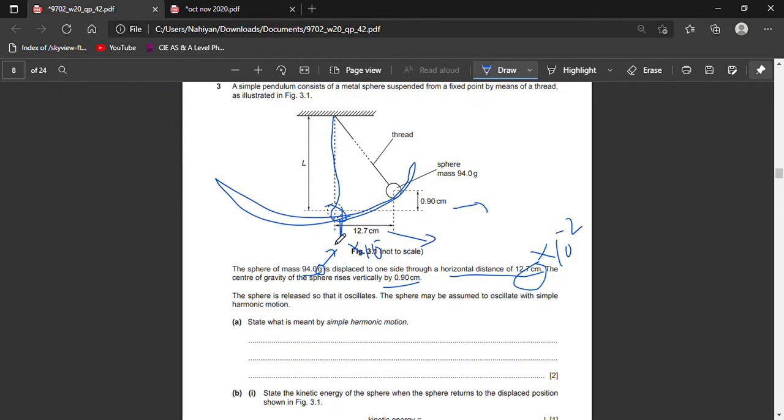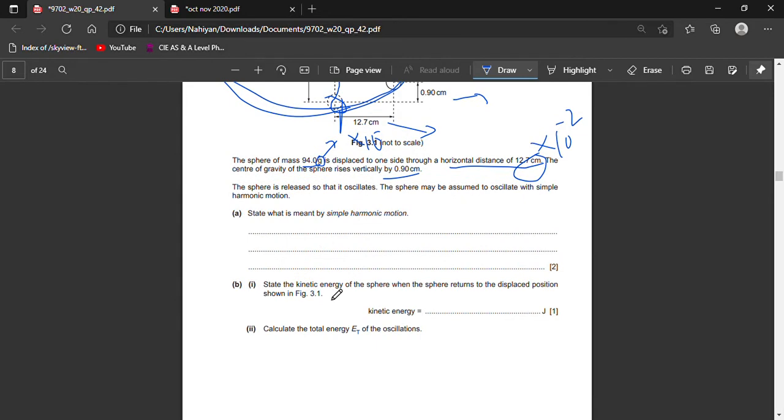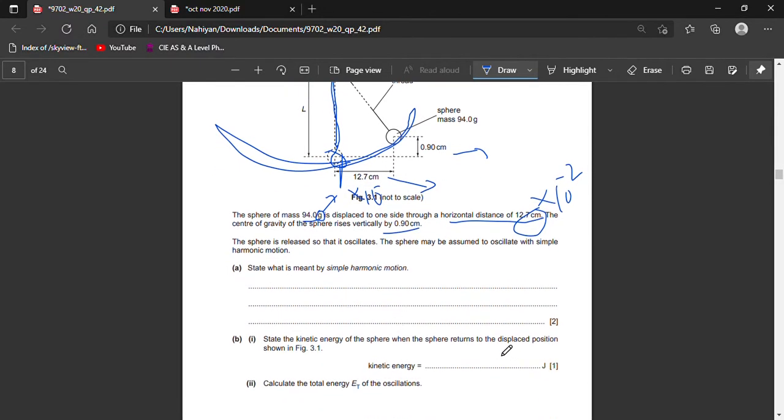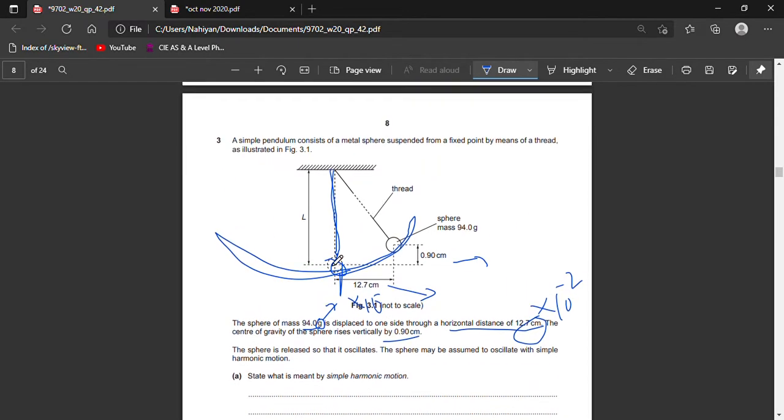So moving on, state the kinetic energy of the sphere when the sphere returns to the displaced position shown in figure 3.1. So this is the position when it returns to this. So it was this and it has displaced to this.